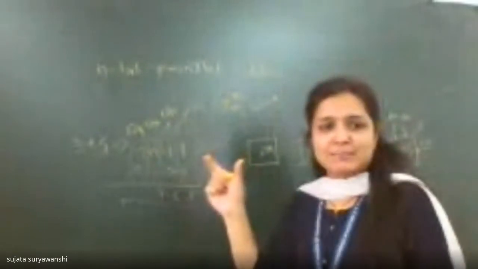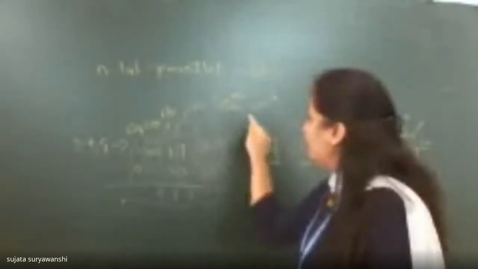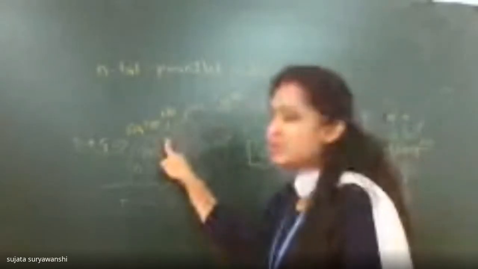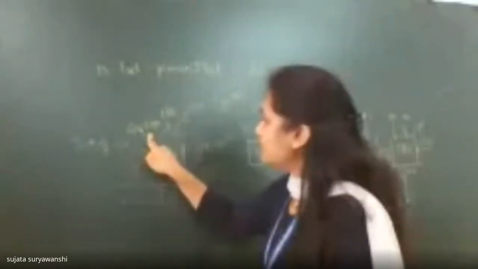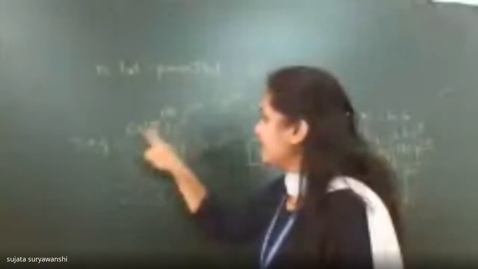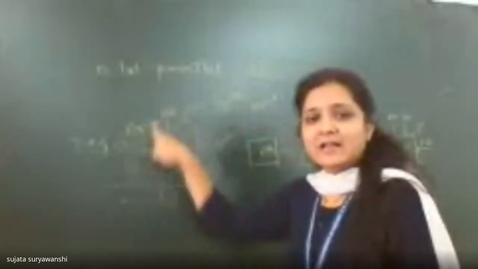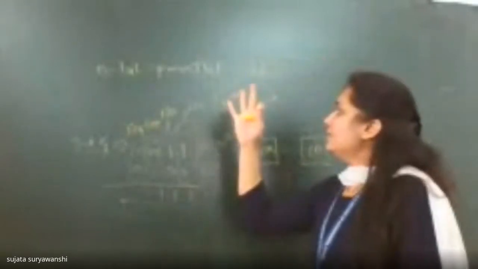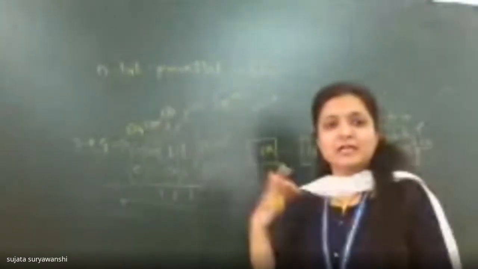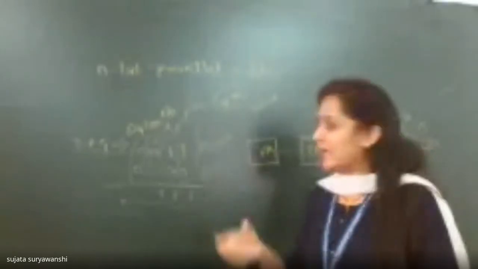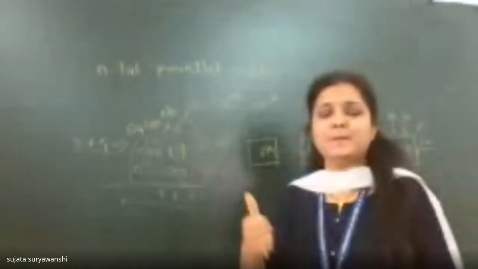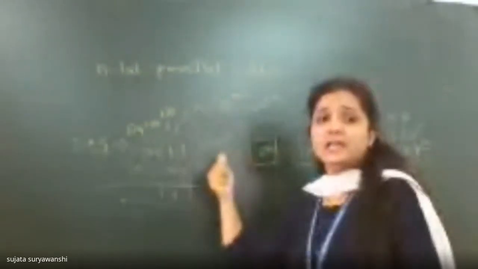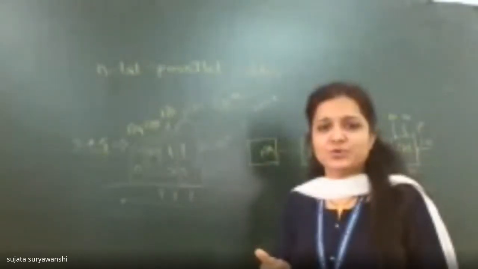So you can't multiply the total by 4: as this carry is generated, it should be given here, again this carry is generated, it should be given to the second, again this carry is generated, it should be given here, and then the addition. So the total propagation delay is 10 into 3 plus the processing time. The processing time will be multiplied by 4, but the propagation delay can be multiplied by 3 only.